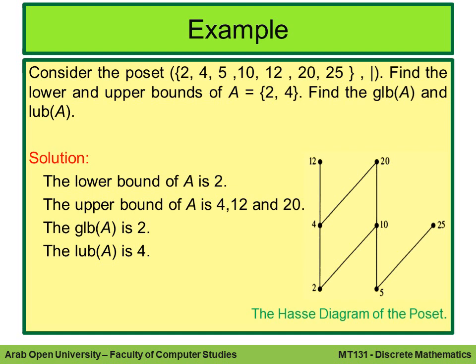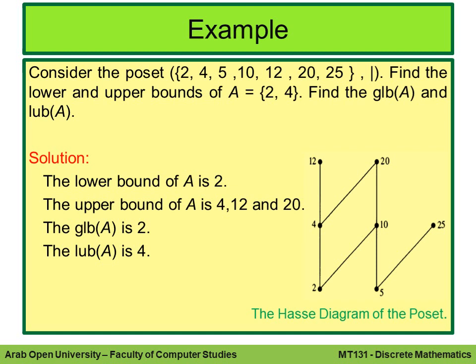What about upper bounds for the same set? An upper bound now has to be something greater than 2 and greater than 4. In this partial order, that means it has to be something divisible by 2 and divisible by 4. So there are several upper bounds: 4, 12, and 20. All of these are upper bounds because they're divisible by 2 and divisible by 4.